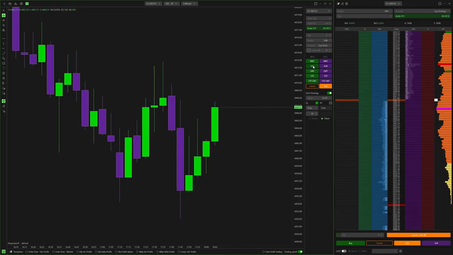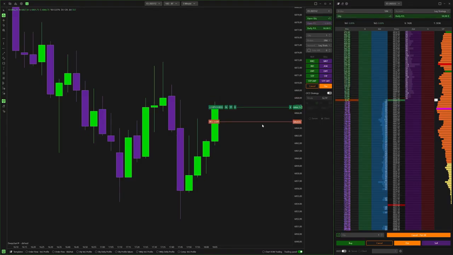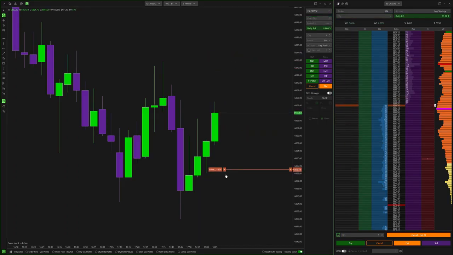So instead of, for example, buying market without an OCO strategy, so I'm going to just buy and then put a sell stop here to close and put a sell limit here to close. And as soon as it's closed, this one is going to be staying on the chart. With an OCO strategy, I can make sure that that doesn't happen. Okay?